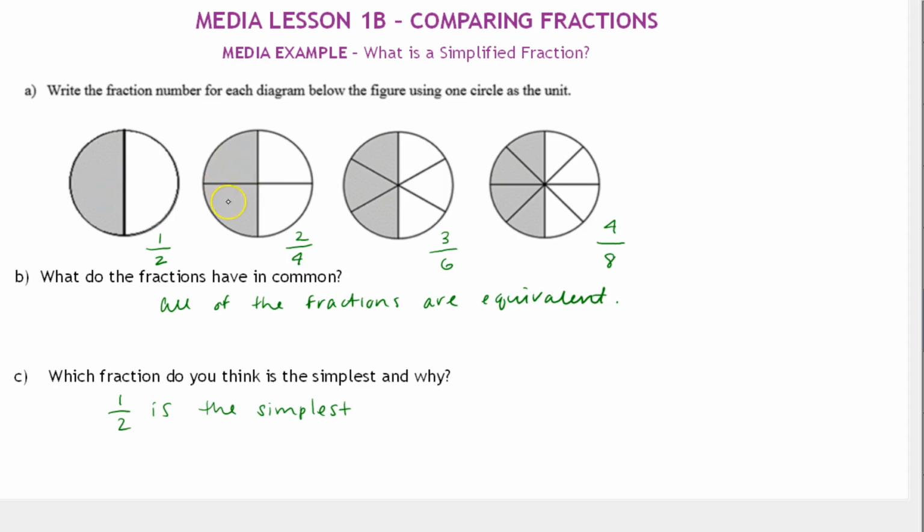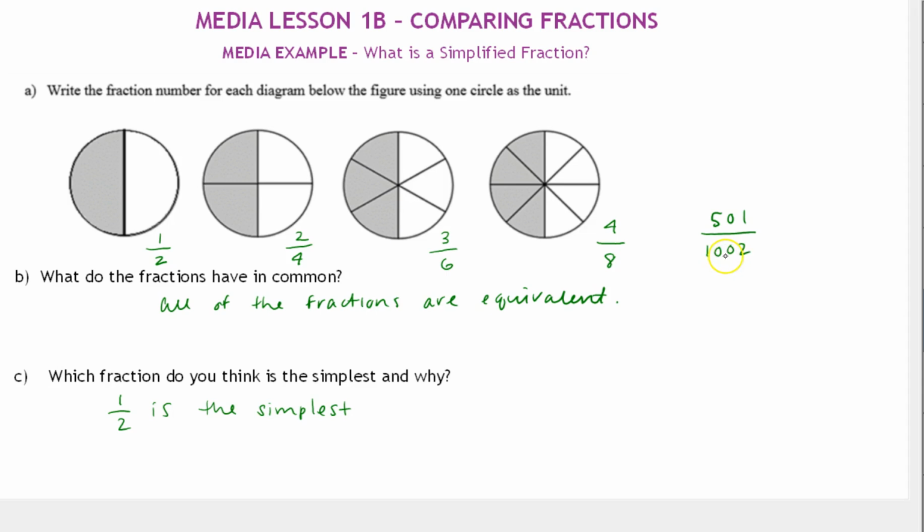So 2/4 can be grouped into 2 pieces. These aren't too hard to understand, but for example, another equivalent fraction is 501 over 1002. This is actually equivalent to 1/2. I found that by writing a number and then doubling it. But this is kind of hard to conceive of.